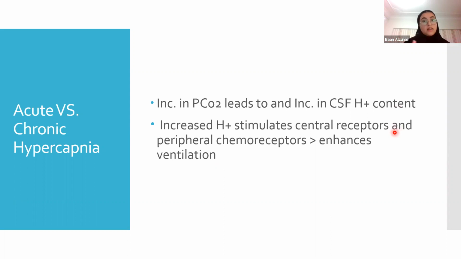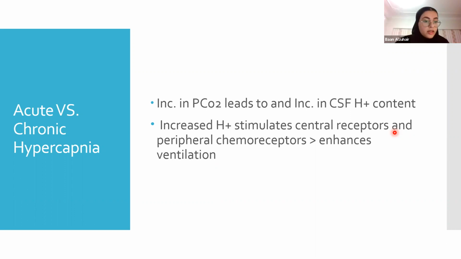So I'll say this again in another way. In the beginning, we have stimulation of the central and peripheral chemoreceptors, so the hyperventilation is going to be very high because both are stimulated. After 12 to 24 hours, the pH is going to be compensated, and only the peripheral chemoreceptors are going to be stimulated by then.